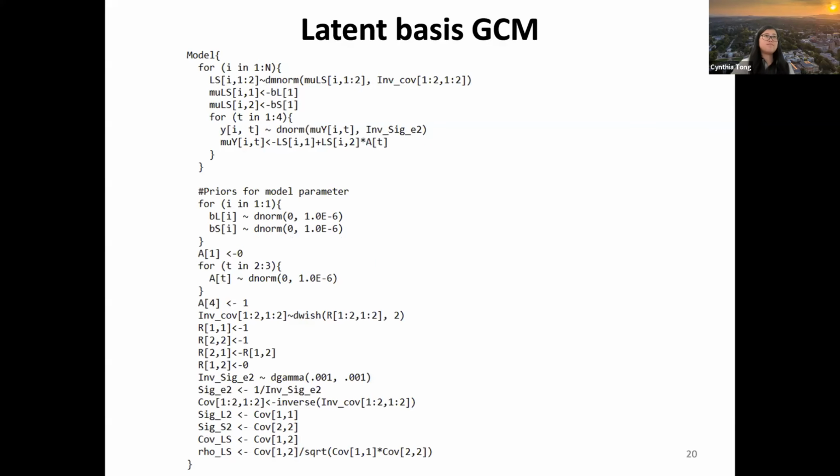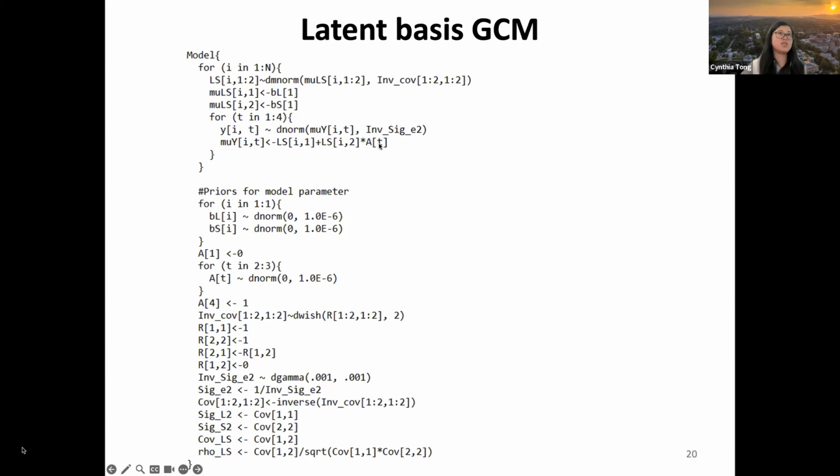And for the latent basis growth curve models, we'll see that instead of having the mean of Y modeled using a linear form with respect to time, we have mu of Y equals LS1 plus LS2 times A of t.